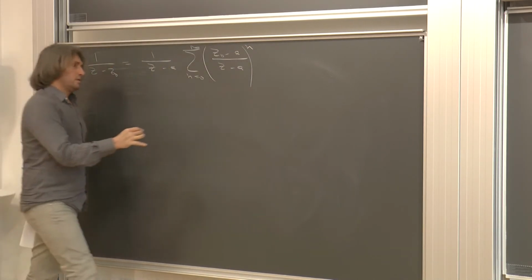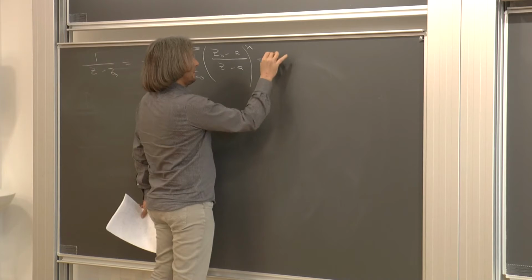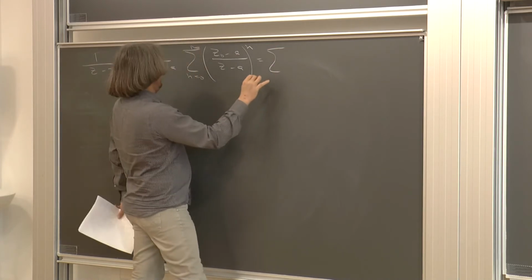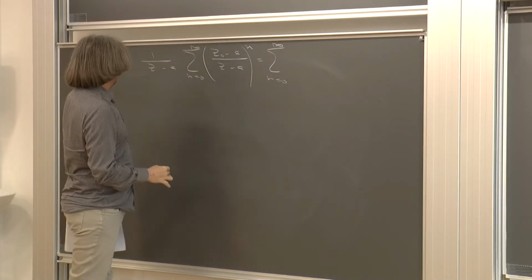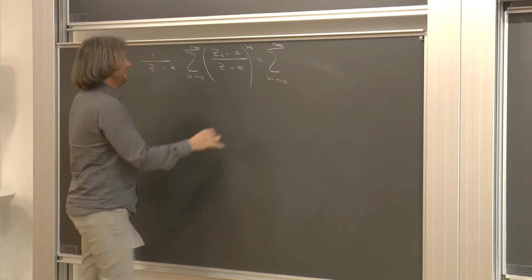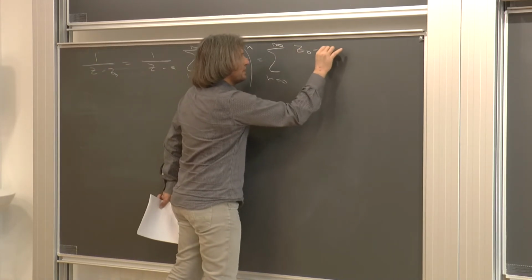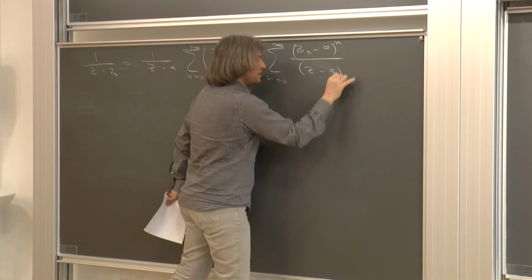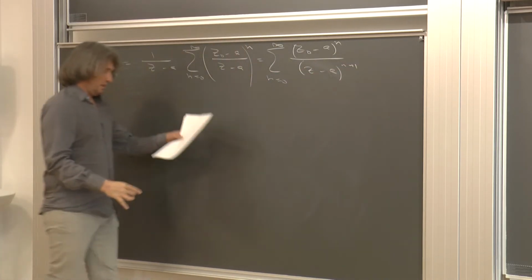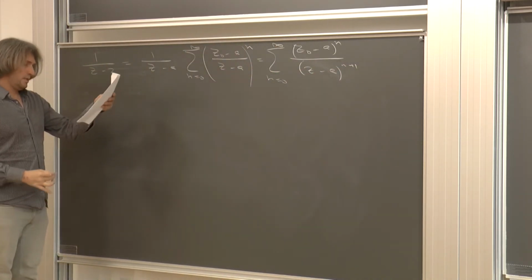So this is the sum of (z naught minus a) to the n over (z minus a) to the n plus 1. Very good.